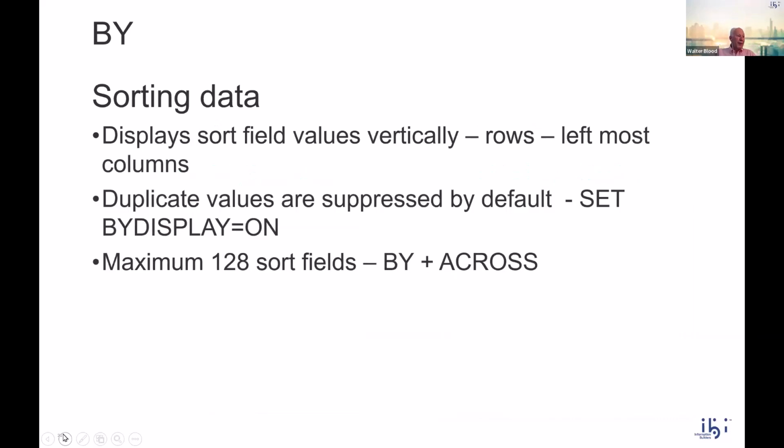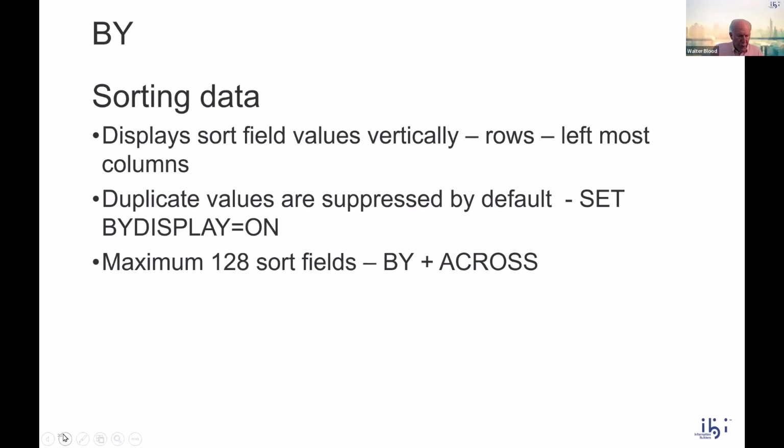Right. Now, in the product you have 128 sort fields. These are the combination of BY fields and ACROSS fields, so you get both. We used to have a limit of, I'm going to say, 16 or 32 BYs and 5 ACROSSes. We were always limited on ACROSSes.